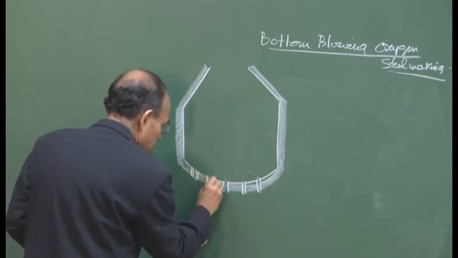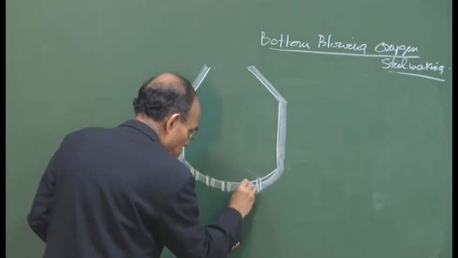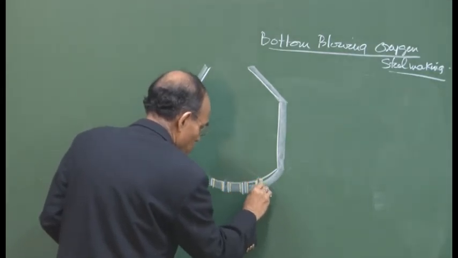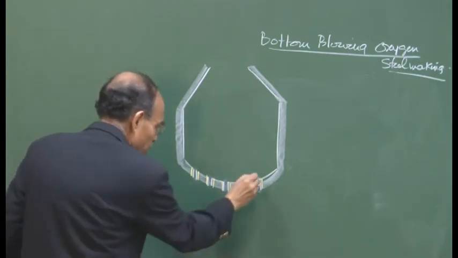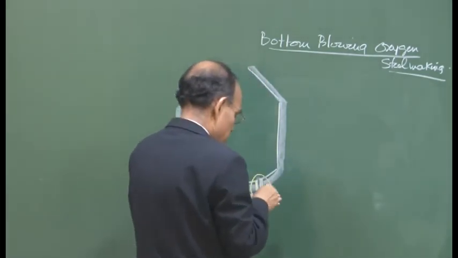These are called coaxial tuyeres. The tuyeres are actually coaxial. So, if you take one tuyere, it looks like this.